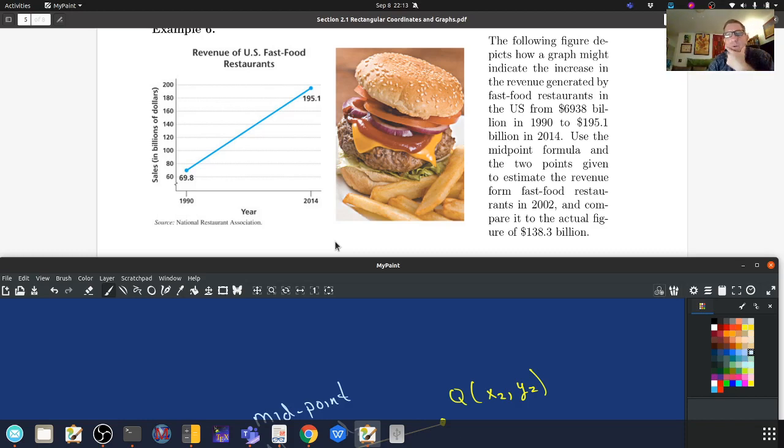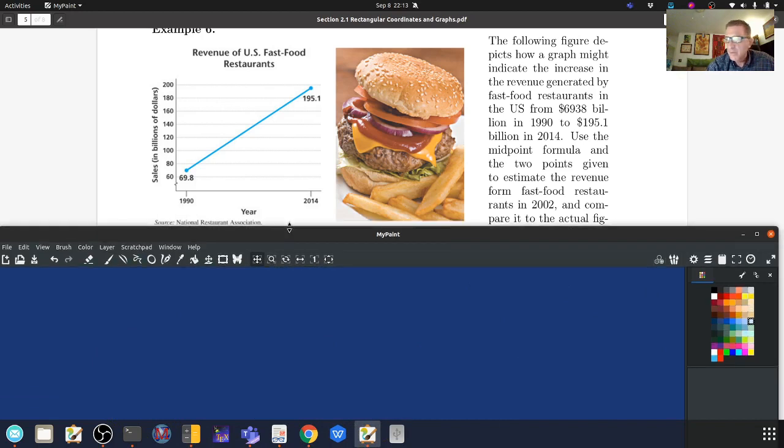Use the midpoint formula and the 2 points given to estimate the revenue from fast food restaurants in 2020 and compare it to the actual figure. So what we're going to do is look at points.